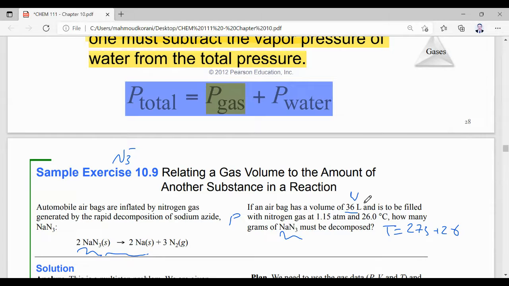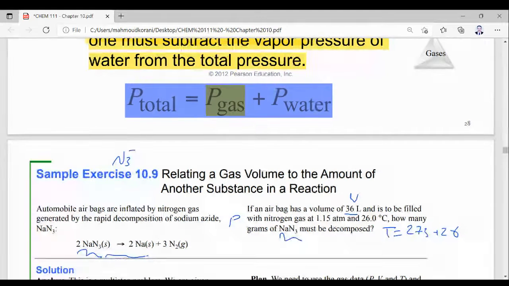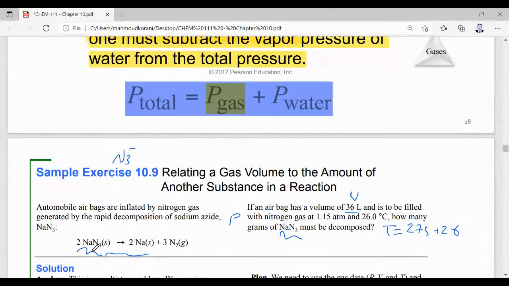So I'm going to use the data for the nitrogen to get the number of moles, from that equation of sodium azide. This is a balanced equation. If you can calculate the number of moles according to the given data, you end up with the number of grams. I'm asking how many grams.